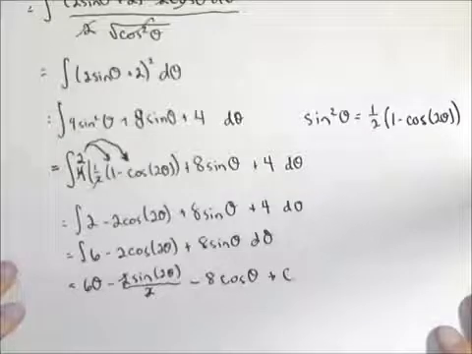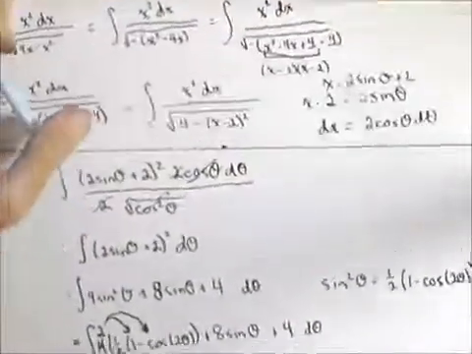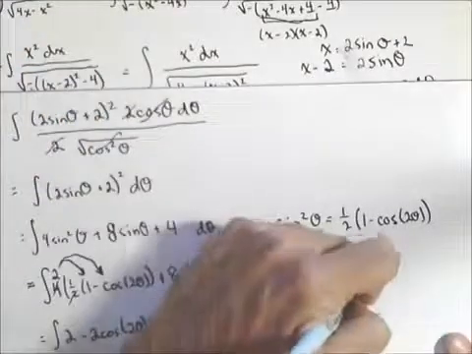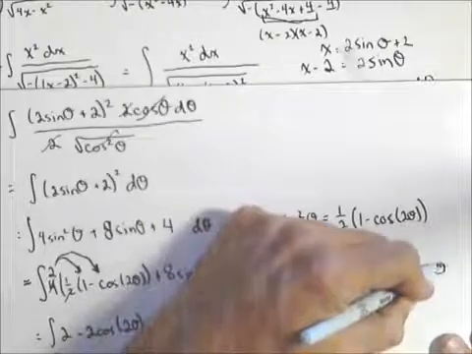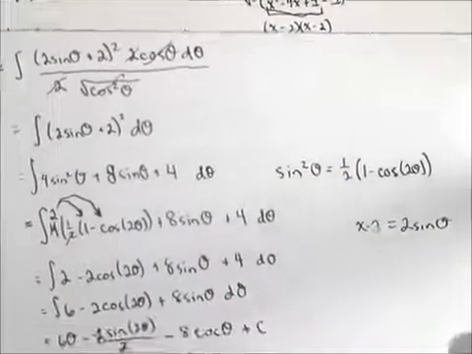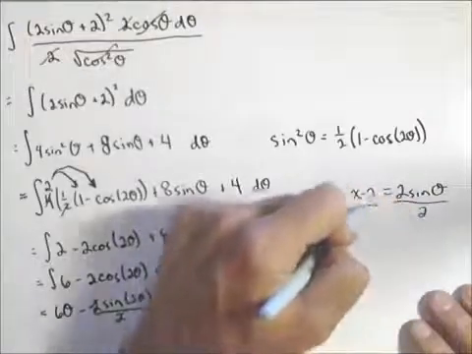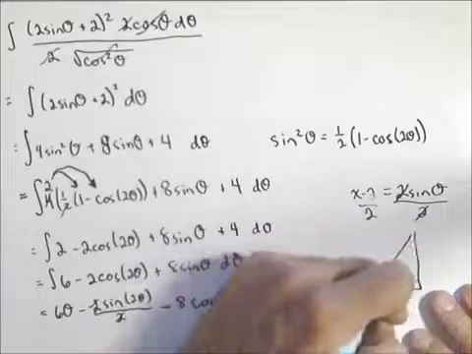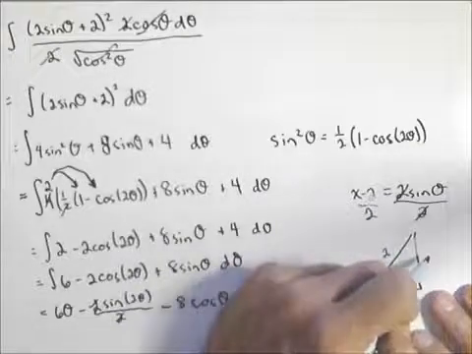Alright, now we are almost done, but remember, we want to get this thing back in terms of x. So let's go back to our original substitution. We know that x minus 2 equals 2 sine theta. So we're going to use that piece of information, and we divide by 2, and I like making a right triangle. It's not the only way though. Here's my right angle. I'll call this one theta. Sine is opposite over hypotenuse, so the hypotenuse is 2.